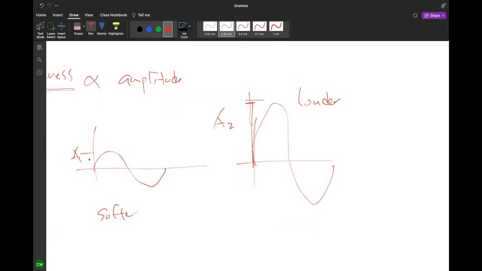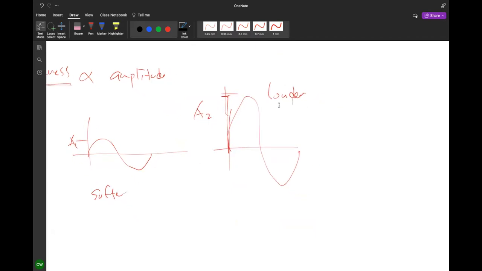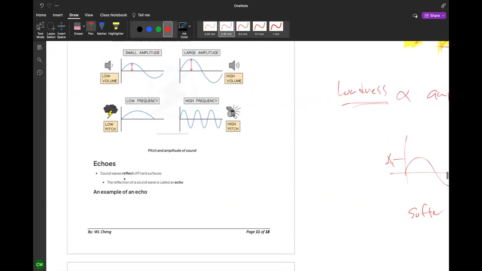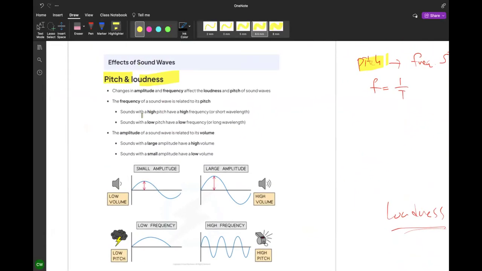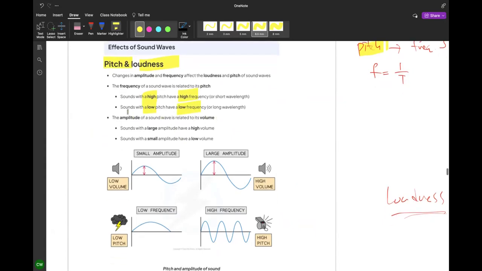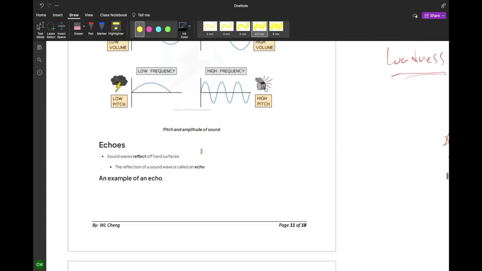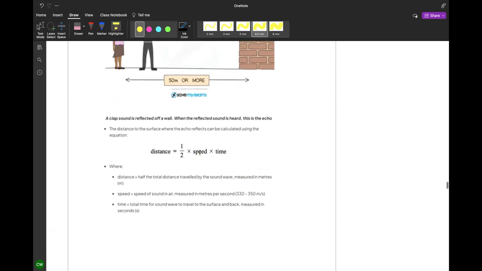Soft sound, low amplitude. Loud sound, bigger amplitude. Okay or not? So high pitch means high frequency, low pitch means low frequency. Larger amplitude, larger volume. Lower amplitude, lower volume.